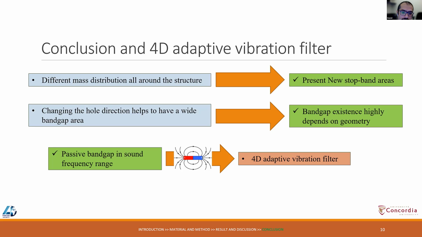And also changing this hole direction can bring new band gap areas, not wider, but we saw that it can bring different areas. And this passive band gap in the sound frequency range can be actively 4D printed and can be actively used with applying a magnetic field, and also can be an adaptive vibration filter. Thank you for your attention.